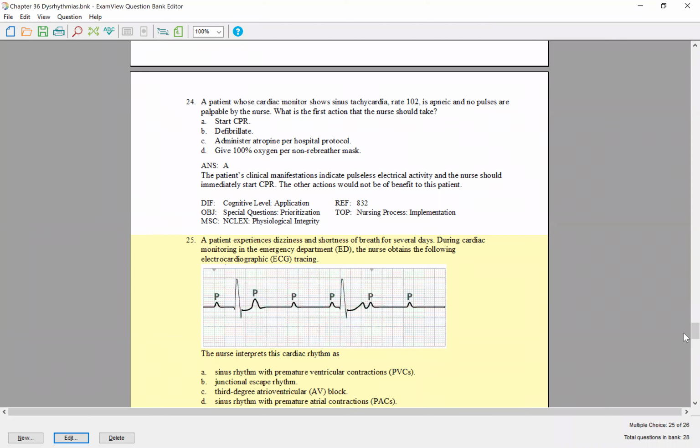Okay. So this is recall. Since you guys asked, some of it will be recall. So this is an example of a recall question.